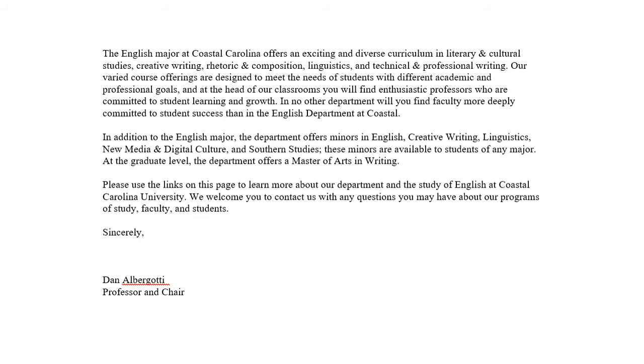The letter ends with a close that involves the word sincerely, usually in business correspondence, and some space for a signature. Now, I haven't signed this because these words are from Dan Albergati, my chair in the Department of English. But if I were writing my own letter and signing it, let's say I were writing a letter that I wanted to send digitally, would I sign it and then scan the signed version and send that?